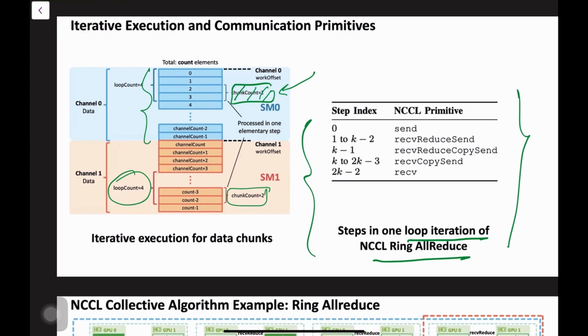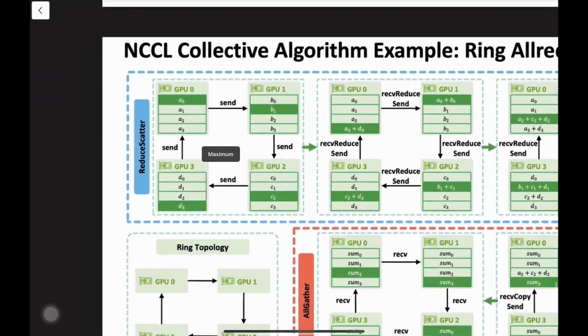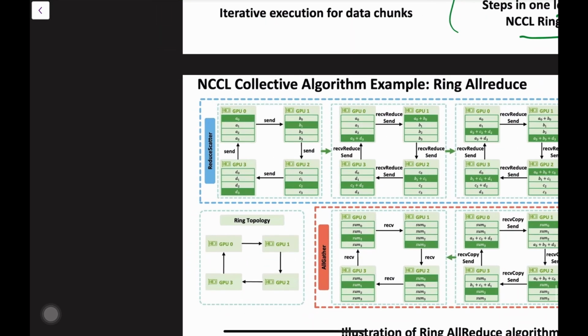Here for step 0, send, and then receive-reduce-send, receive-reduce-copy-send, receive-copy-send, receive. So let me explain this. In a ring all reduce, first we have 4 arrays in 4 different GPUs.